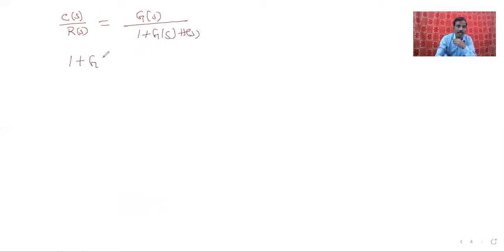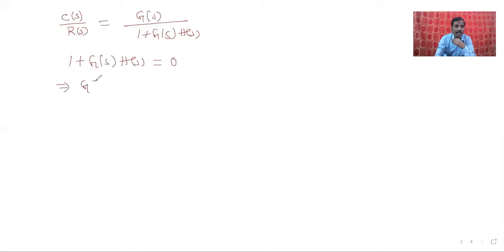First, the critical point. For a negative feedback system, C(s) by R(s) equals the transfer function G(s) by 1 plus G(s)H(s). If 1 plus G(s)H(s) equals 0, this is called the characteristic equation.